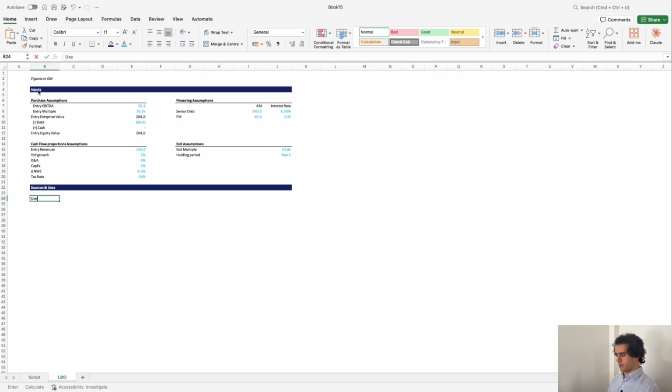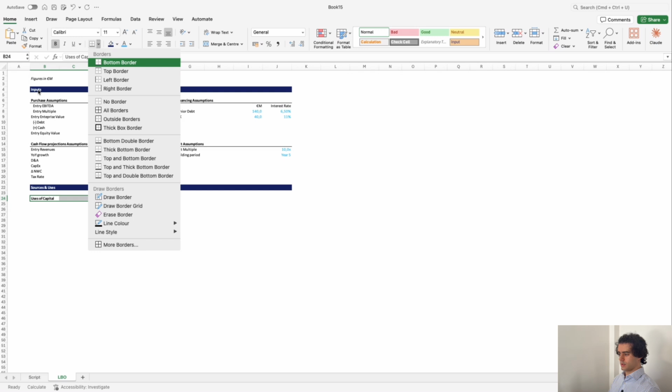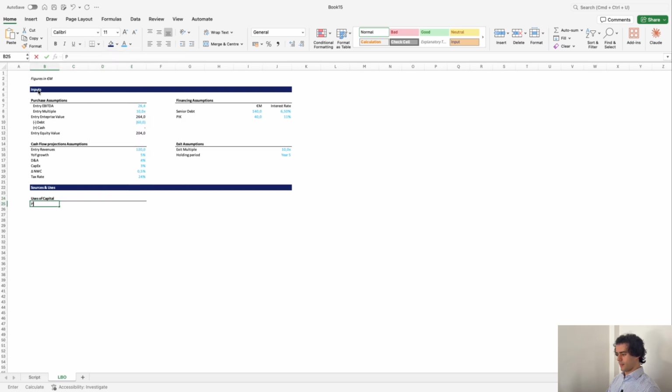So we have our uses of capital. So we will purchase our company's equity with the money that we will raise, and so 204.